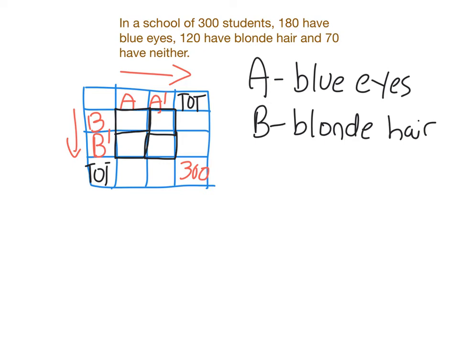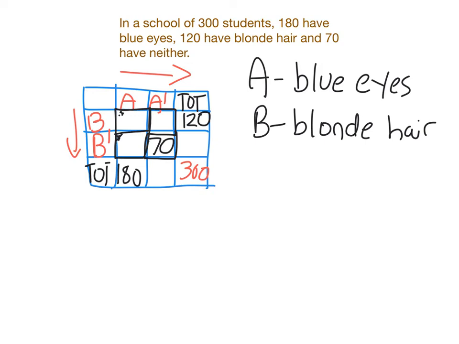Okay, so 180 have blue eyes. So I'm going to put 180 down here. So these 2 numbers here need to add to 180 because there's 180 with blue eyes. Similarly, 120 have blonde hair. And 70 have neither blue eyes nor blonde hair. That actually goes there. Okay, now it turns out we have all that we need to finish off the two-way table.